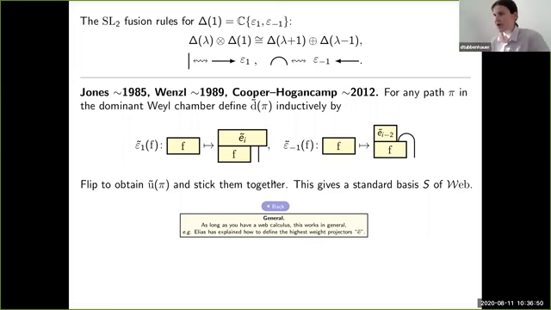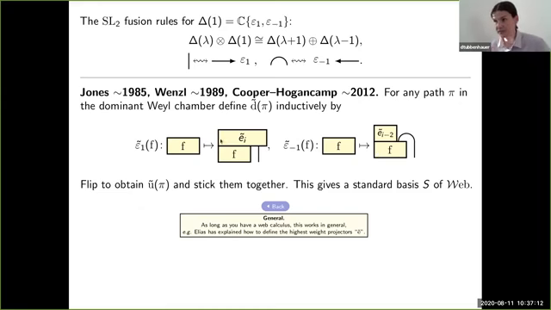So what I do, well, it's exactly the same rule, but every time I use a projector. This projector, if you've never seen it, doesn't matter. There's a projector to the highest summand in the corresponding weight space. It's called the Jones-Wenzl projector. And you just plug it in every time you do this.